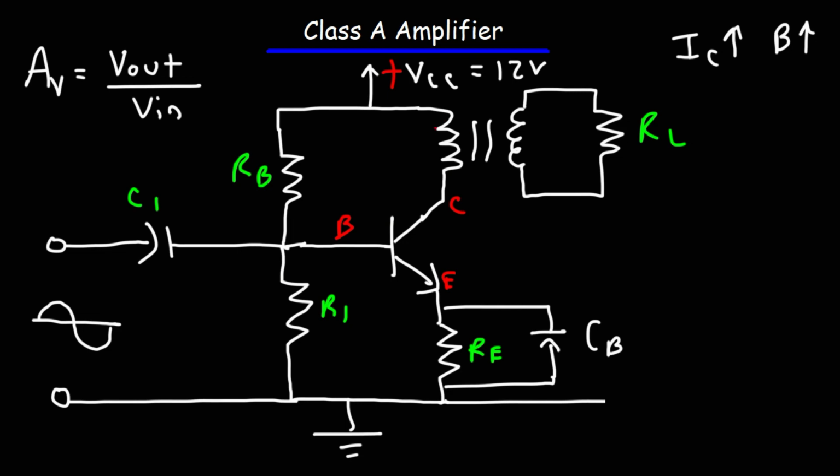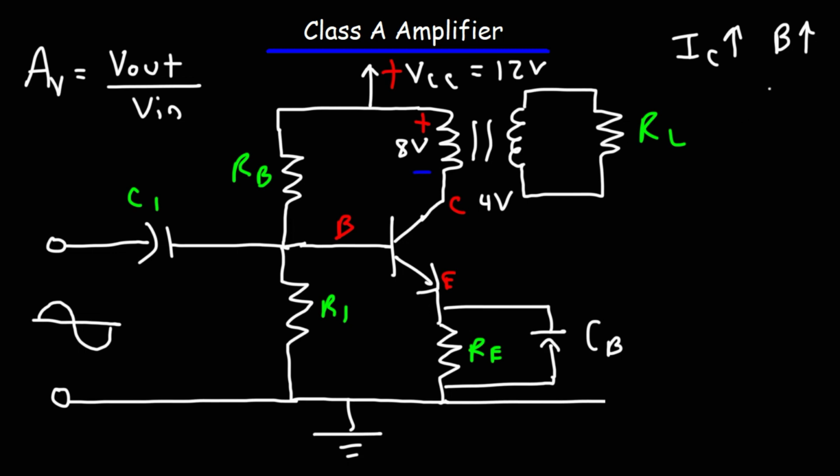And so during this process, energy is being stored by the transformer. And so there's going to be an induced EMF generated by this transformer. At this point, the transformer is absorbing energy. And just to keep things simple, let's say that the potential across the transformer is 8 volts. So these two voltages go against each other. So at point C, the voltage will be 4 volts with respect to ground.